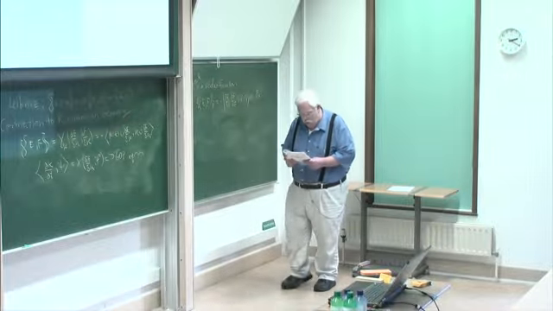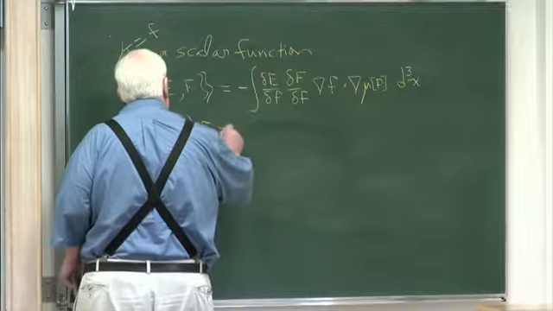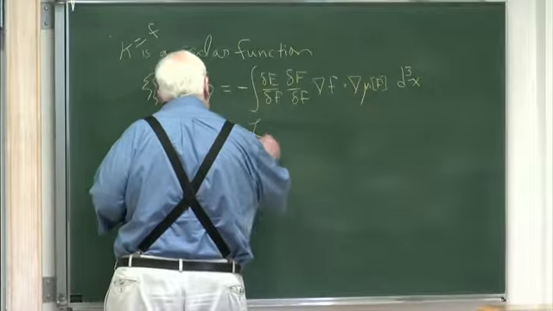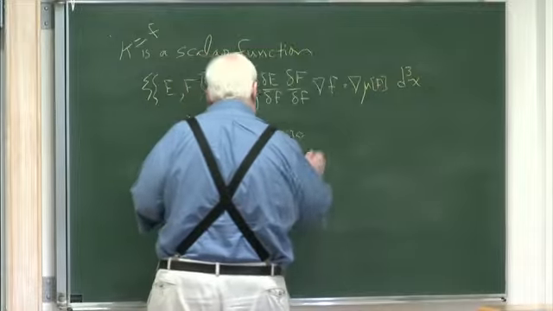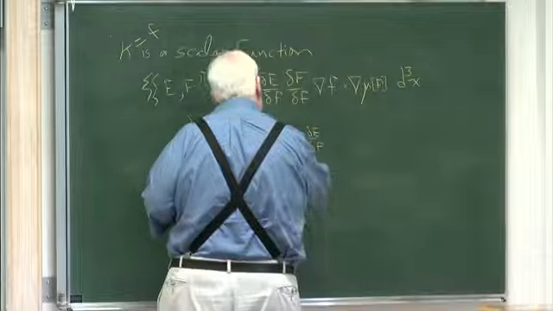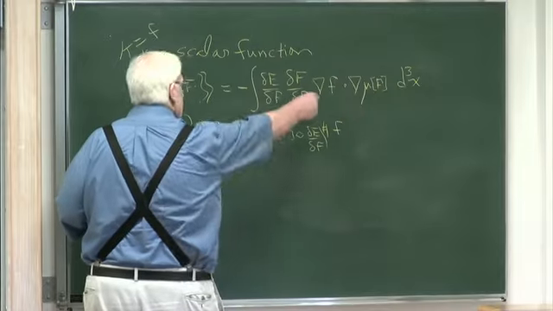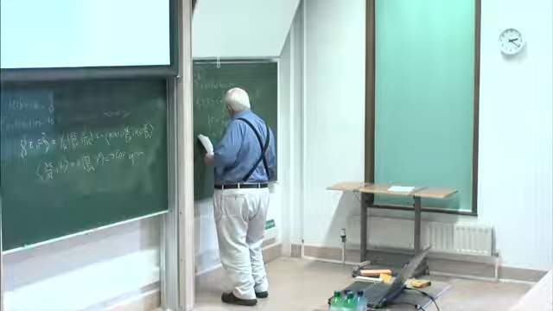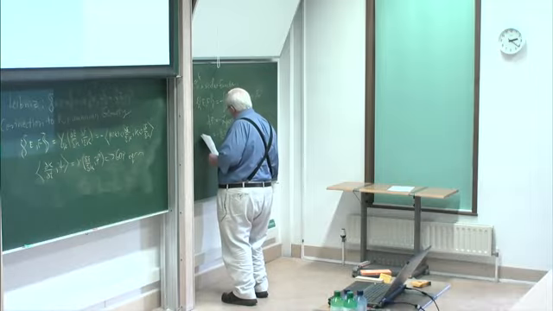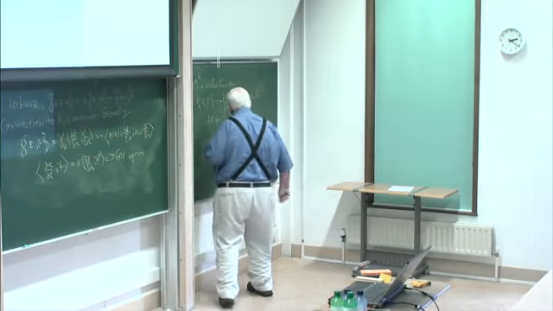Okay, so let me write the equation. So the Gauss equation in this case is d by dt of f is minus the Lie derivative with respect to mu of f diamond dE dF, just writing down the same thing as usual, sharp acting on F. And when we work this out, it's equal to minus dE dF grad mu of F sharp dot grad F. Oh, look at that.